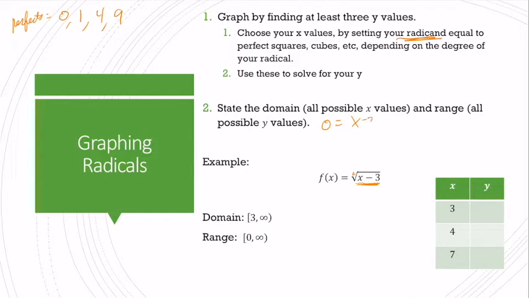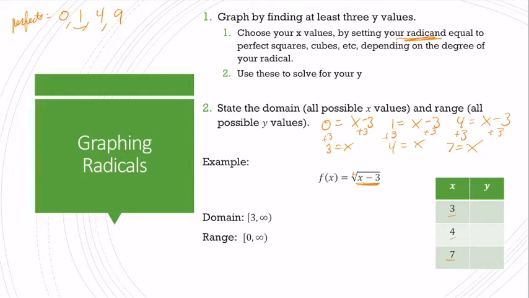So I'm going to have 0 equal x minus 3, 1 equal x minus 3, and 4 equals x minus 3. I solve for x in all of these, right? And that gives me some really nice x values. So I get 3 equals x, 4 equals x, and 7 equals x, which I've conveniently already put in this table.